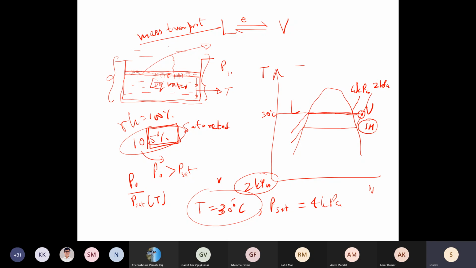The limiting case will be when the partial pressure of water vapor is at 4 kPa. So then you reach this saturated vapor condition. Now let us assume you have 5 kPa pressure. Okay, let me draw the 5 kPa isobar. Now your 5 kPa is this. It will intersect the 30 degree line in the subcooled region.